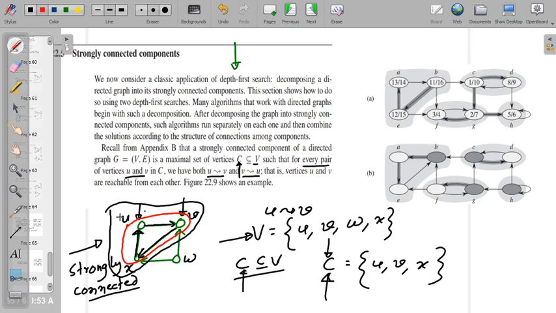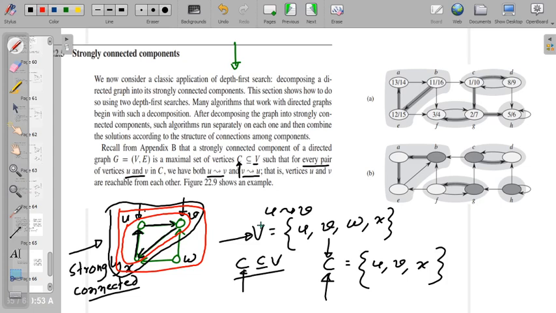Now, if I am taking the full graph, that means the total graph, is it strongly connected? That means if I am considering C consisting of u, v, w, x, is it strongly connected?